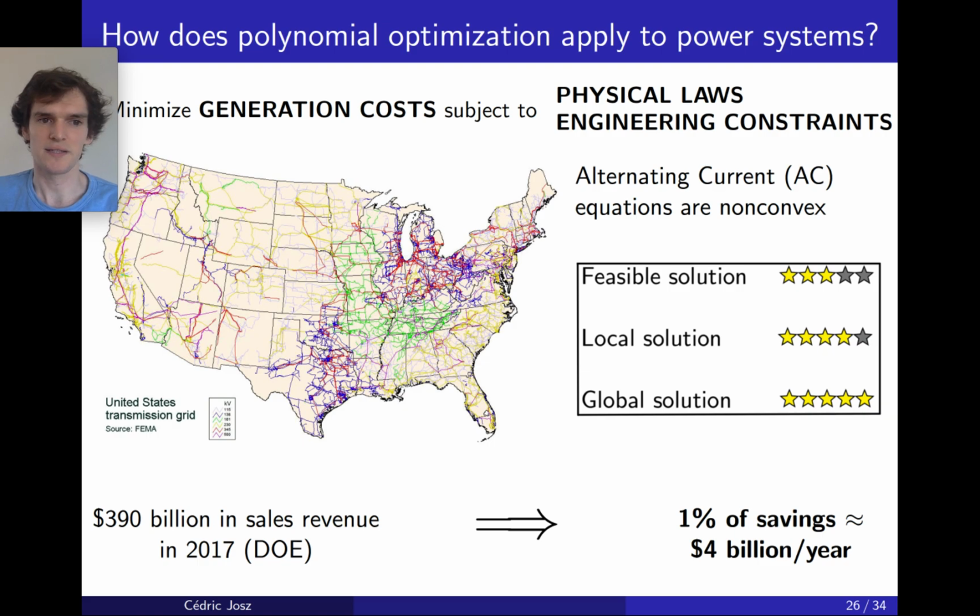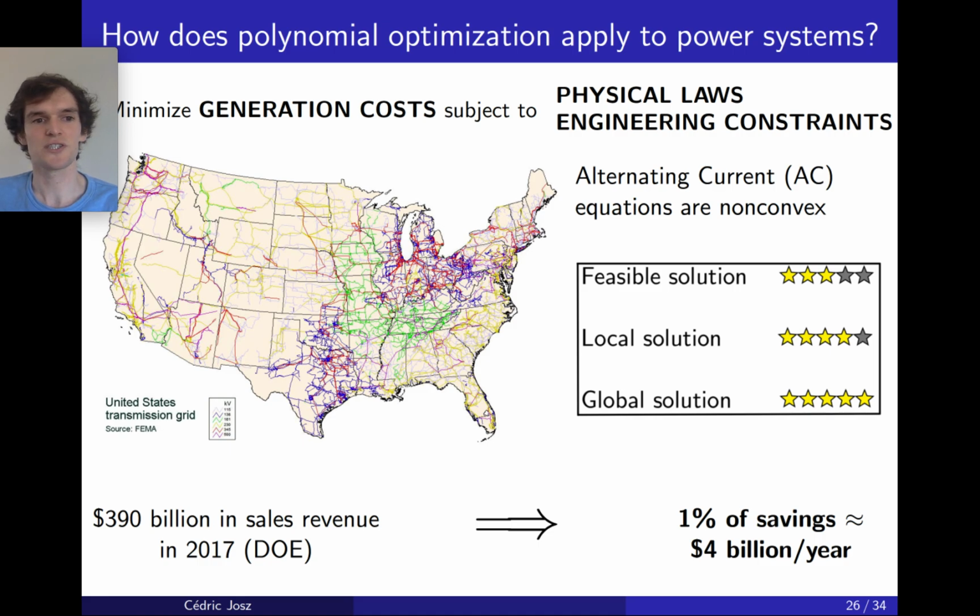And the flow on the lines also has upper limits to avoid overheating. And in these constraints, since most networks today use alternating current, that makes for a lot of non-convexity. Fortunately, as we'll see, it's actually not too hard to turn this into a polynomial optimization problem. We're going to see an example of that.